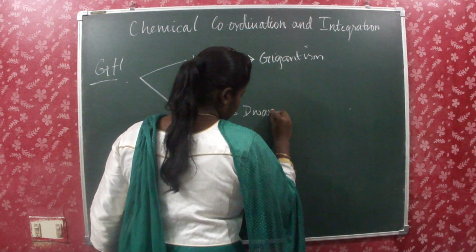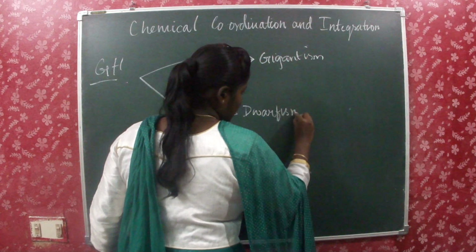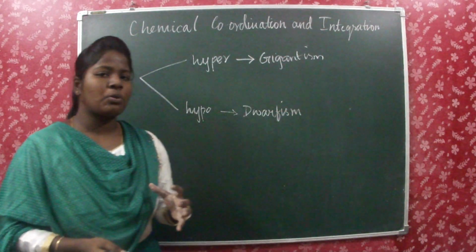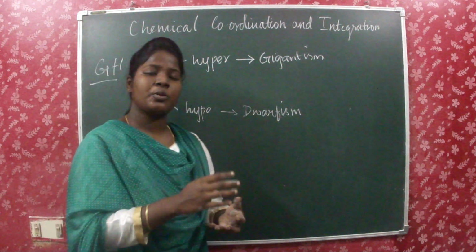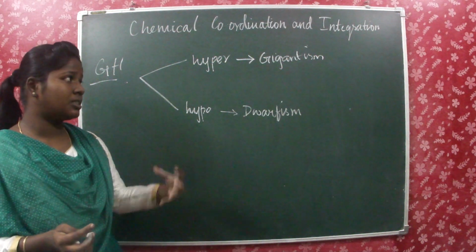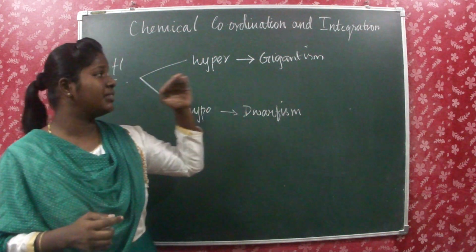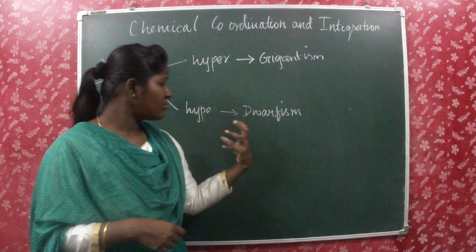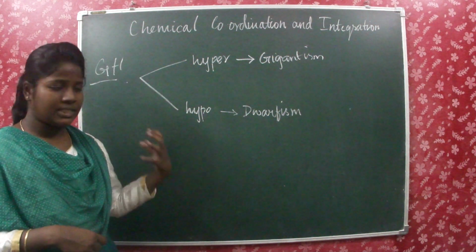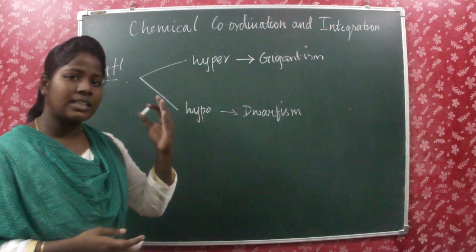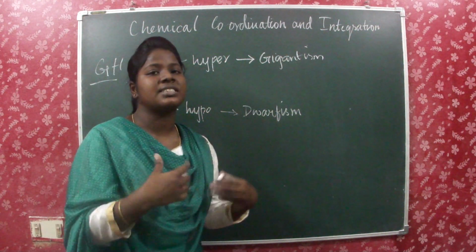In gigantism, the body proportion is normal, but the limbs grow very large and the person becomes very tall. If the secretion is less, it causes dwarfism, where the body proportion gives a childlike appearance.